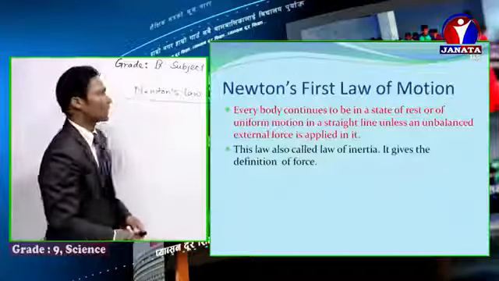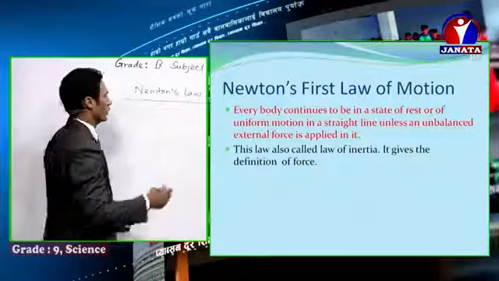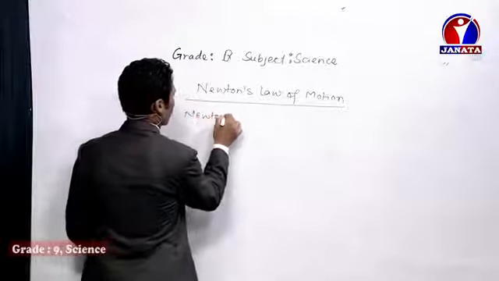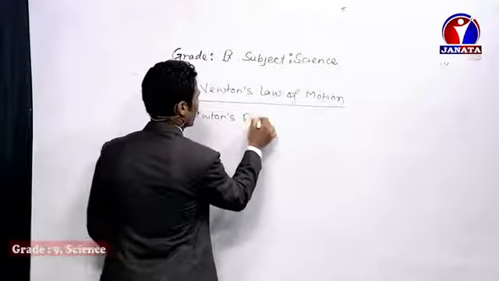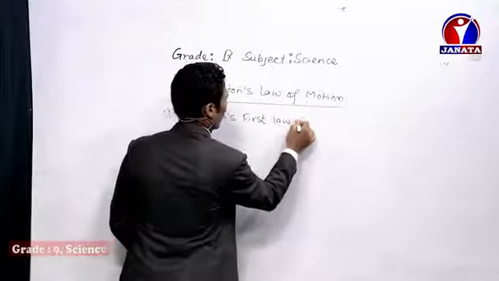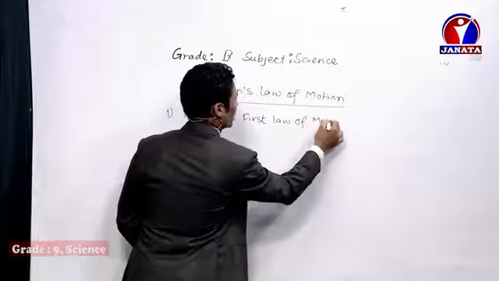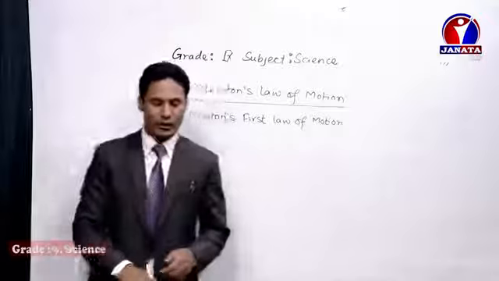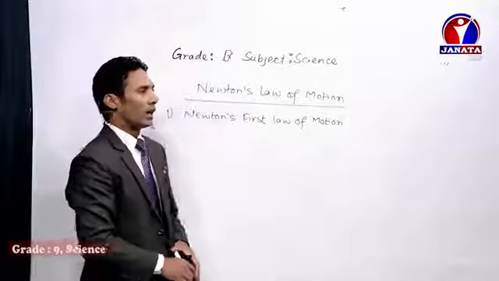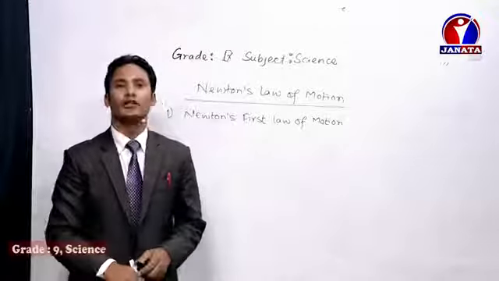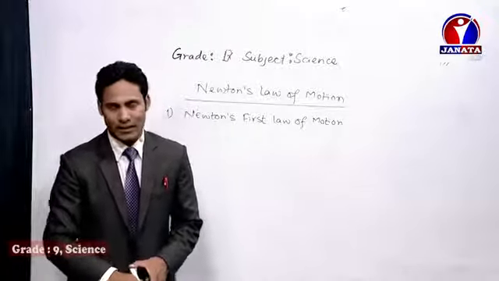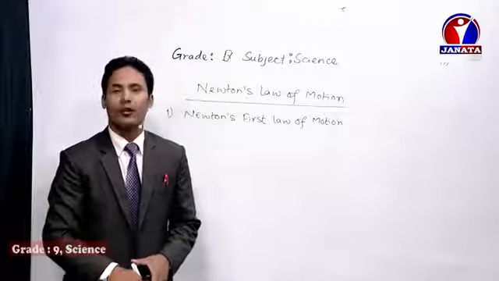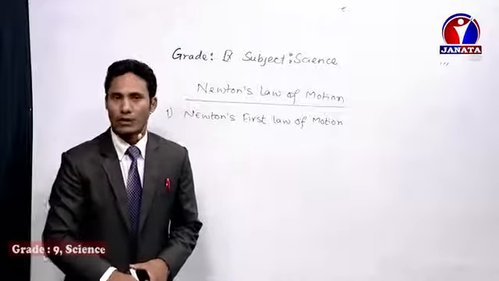So let's discuss Newton's first law of motion. What Newton's first law of motion says is: every body continues to be in the state of rest or motion until and unless an unbalanced force acts on it.